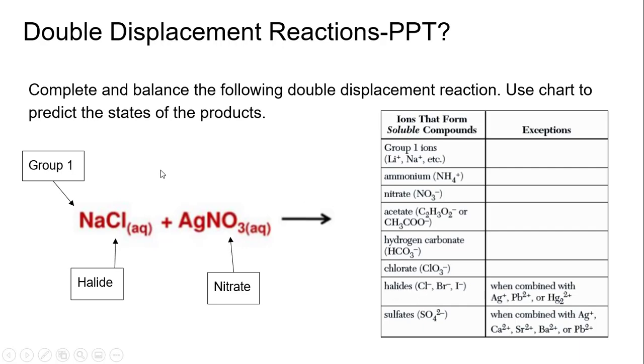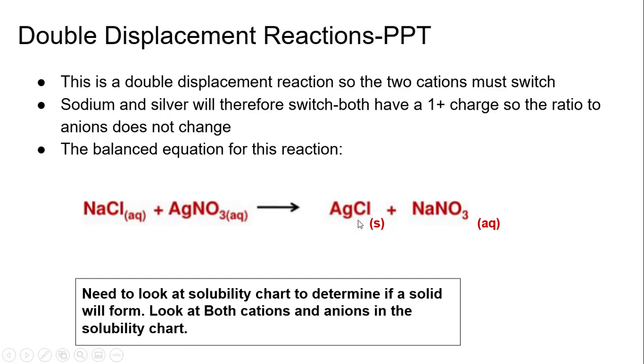So silver chloride is going to create a solid, but sodium and nitrate both are listed under no exception. So that's going to be aqueous. So we can look here, and that's exactly what happens. Silver chloride is a solid. Sodium nitrate is aqueous. You're going to need to look at a solubility chart and know how to read it. And if one doesn't show up, whatever it's attached to will be on there.